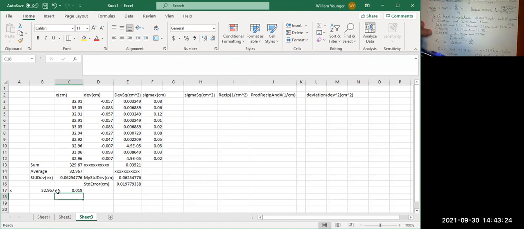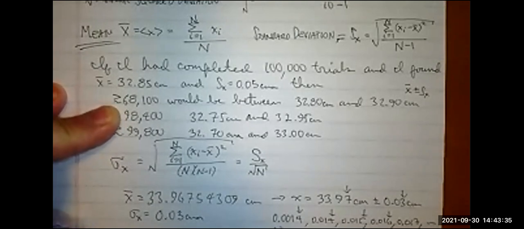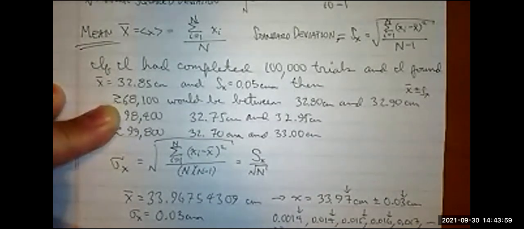On the actual, let's stop share for a second. So without weighting, I found x was equal to 32.967 centimeters, plus or minus 0.019 centimeters.